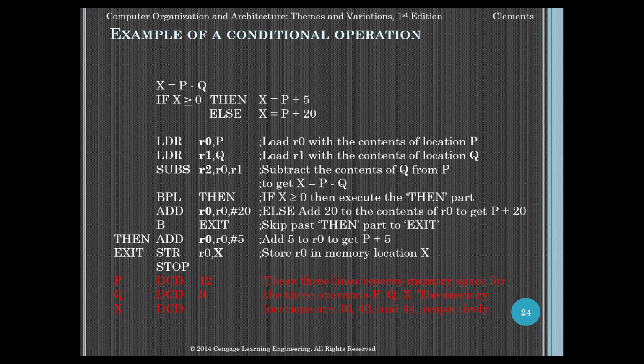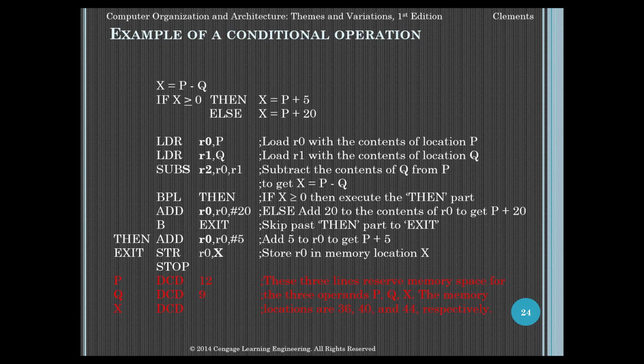So BPL then, this is just a name, like a variable. We're just saying go to the then line, just like in the previous example where we used on 0 and not 0. So if that value of X, which is in R2, is greater than or equal to 0, then we'll execute the then part.